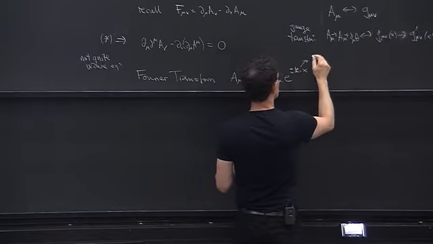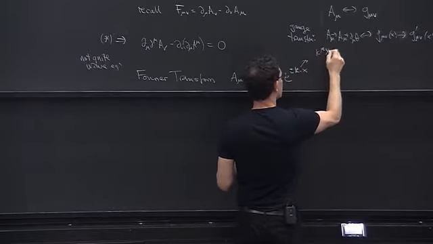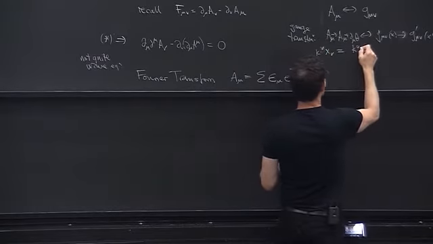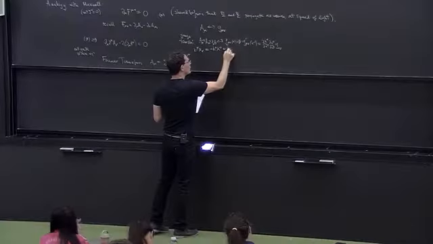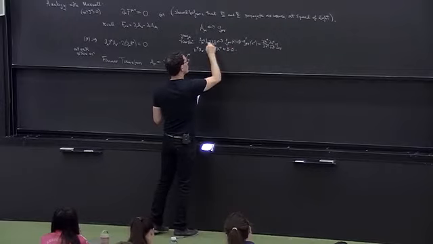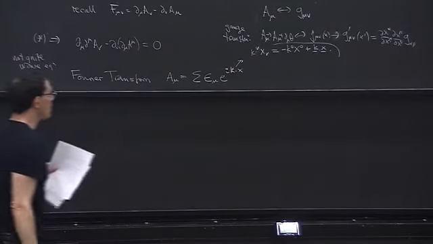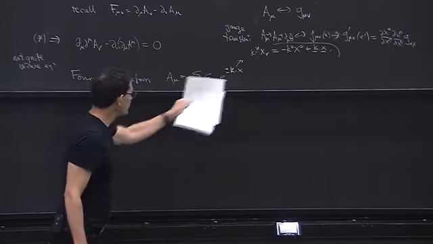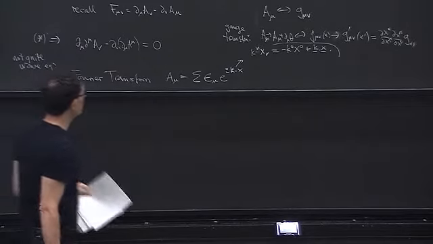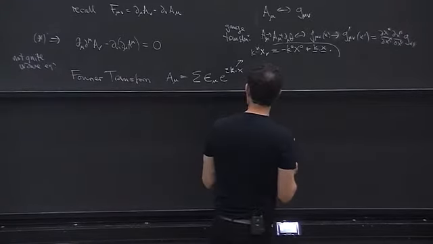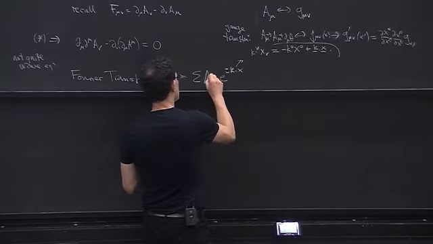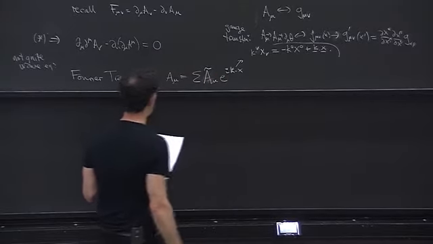This k dot x means k mu x mu, which is minus k naught x naught plus k vector dot x vector. So that's the exponent. So if I write A as this and plug that into the equation, actually let me call this A twiddle mu, that's the Fourier transform of A.